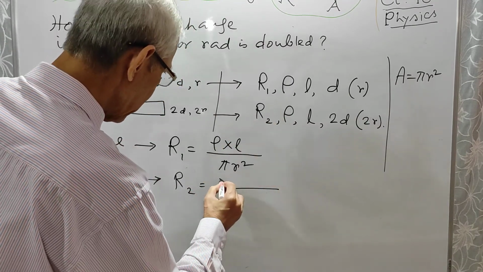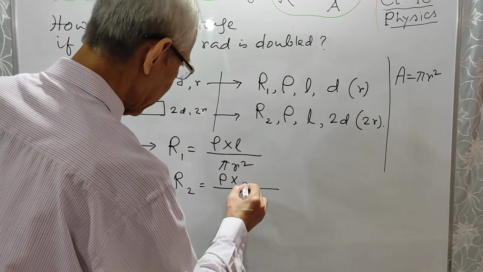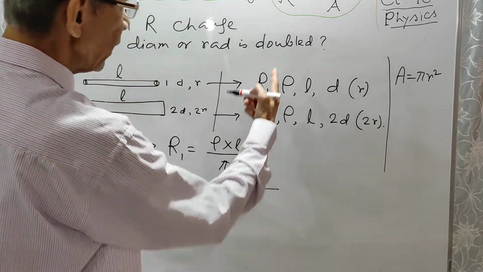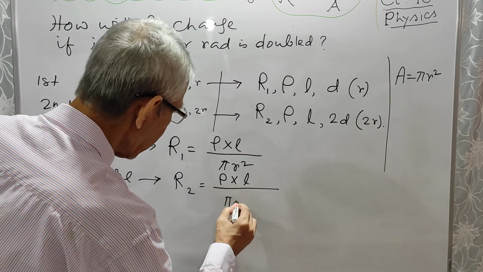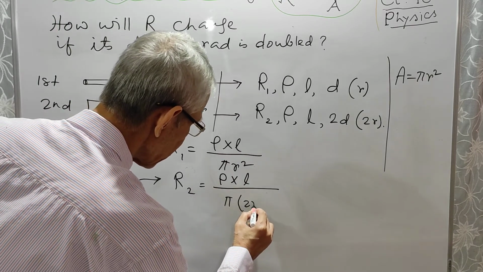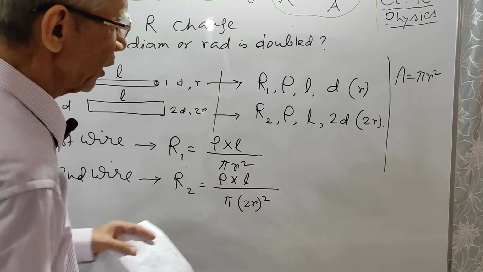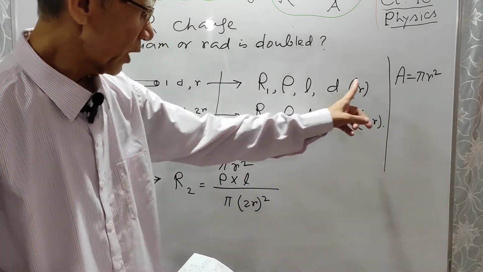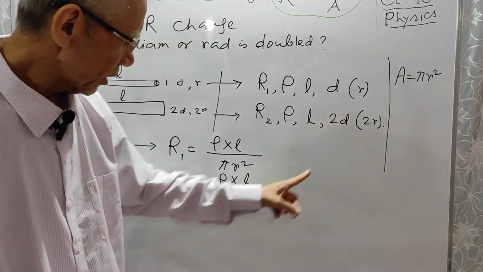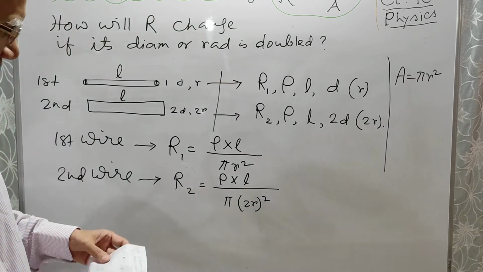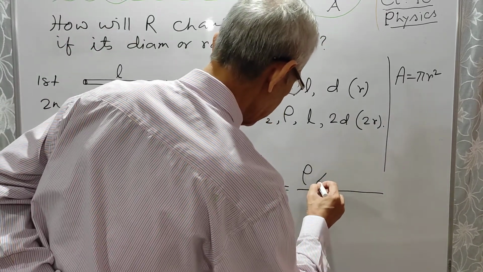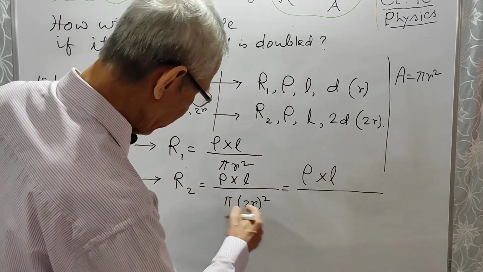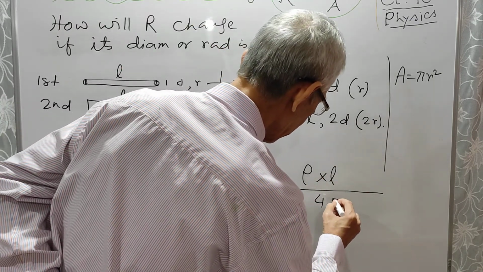Then rho is same, into L is same, by A. Area is what? Pi into r square, where radius is twice r. The first wire radius r, second wire radius twice r, isn't it? So this becomes rho into L, then 4 pi r square.